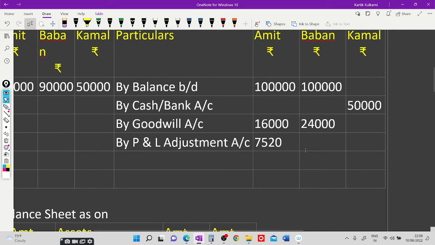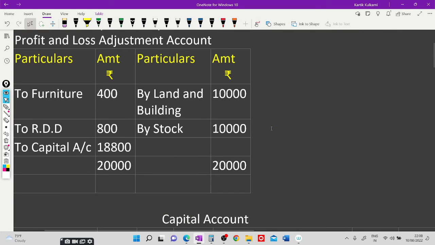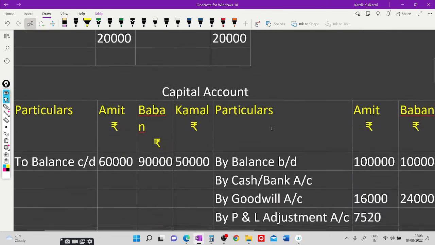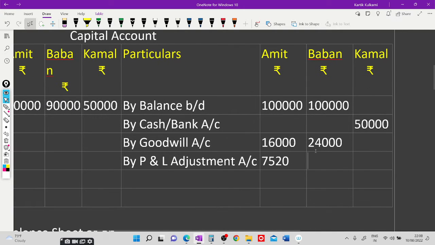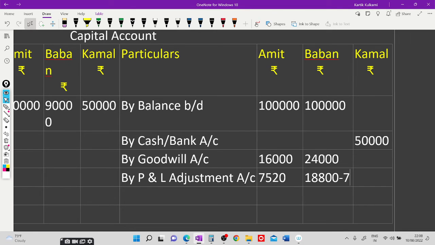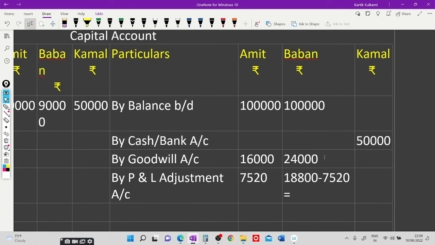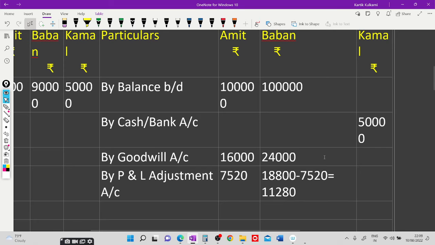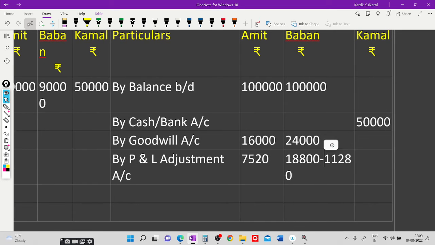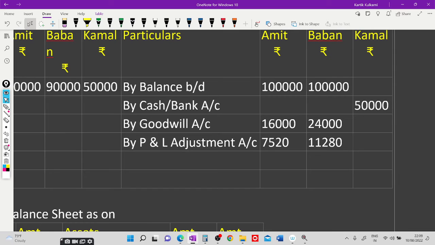Then out of 18,800, the revaluation profit, 7,520 has been credited to Amit. So what remains out of 18,800 after reducing 7,520 is 11,280. 11,280 we will write in Bhaban's column.